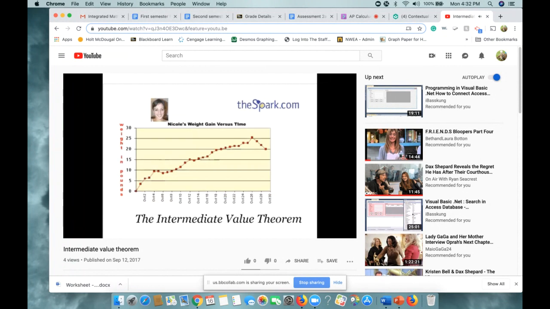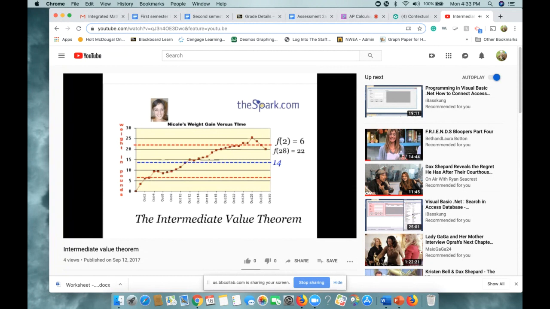I think you'd have to agree, it's pretty impressive. So let's take a look at the intermediate value theorem with this graph. As you can tell, on October 2nd, she'd already gained 6 pounds. That's only one day into the contest. Huzzah for Nicole. However, on October 28th, she had gained 22 pounds. Well, according to the intermediate value theorem, I should be able to pick any value between 6 and 22 pounds.